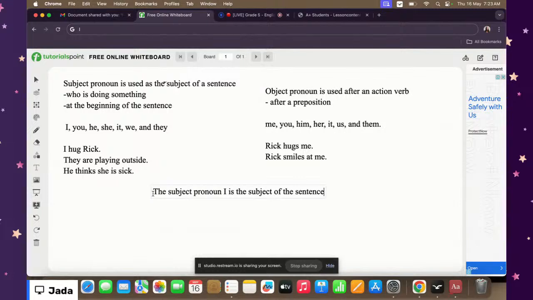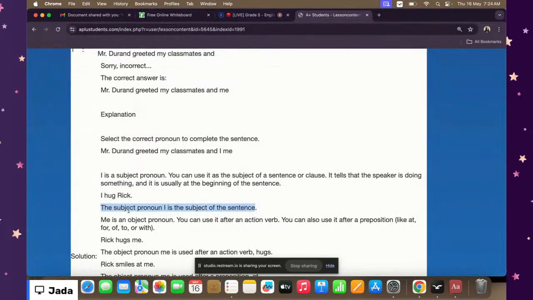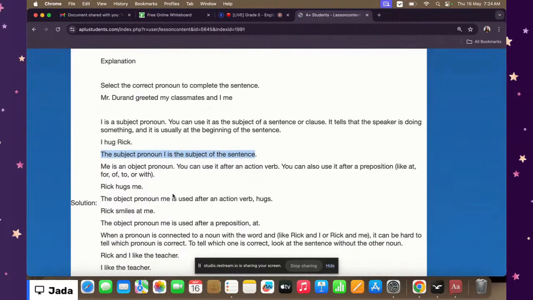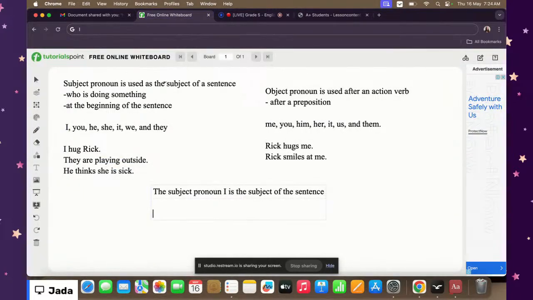So take note that most times when you see I starting the sentence, it is the subject. Me is an object. On the other hand, me is the object. So if you see me, know that it's the object. Okay? So me is an object and I is the subject.